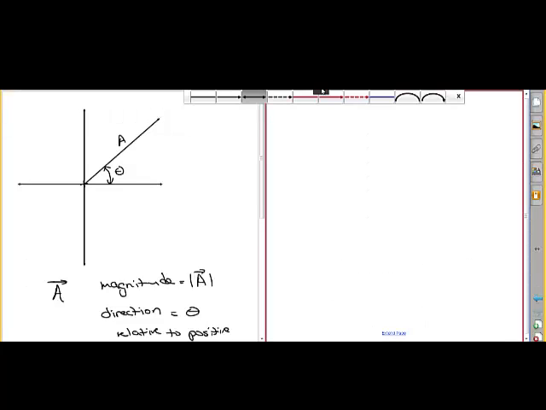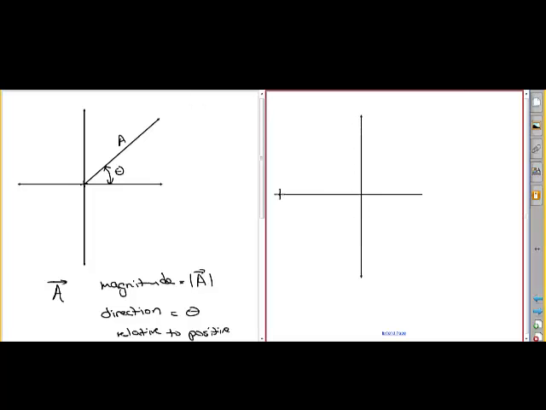Okay, now let's say we have another vector. Here's the coordinate system. It starts at the origin and goes this way. There's probably two ways you could do this. Well, three ways really. You could define the angle from here to the vertical axis.